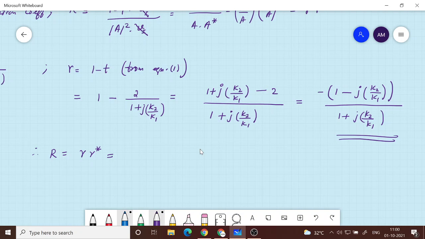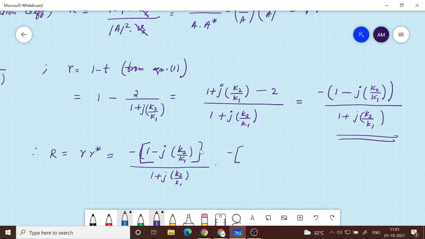So just substitute. R is basically this, minus 1 plus j k2 by k1 into the conjugate of this.